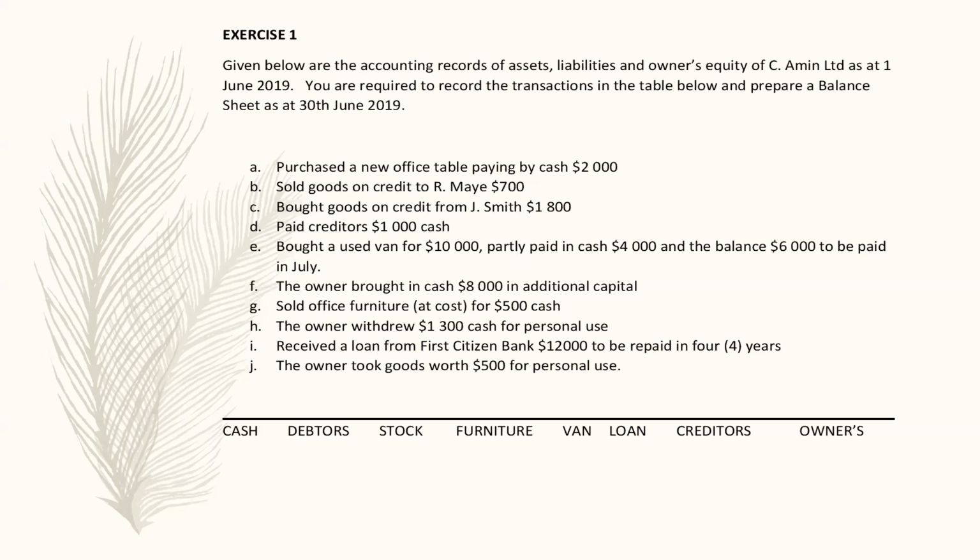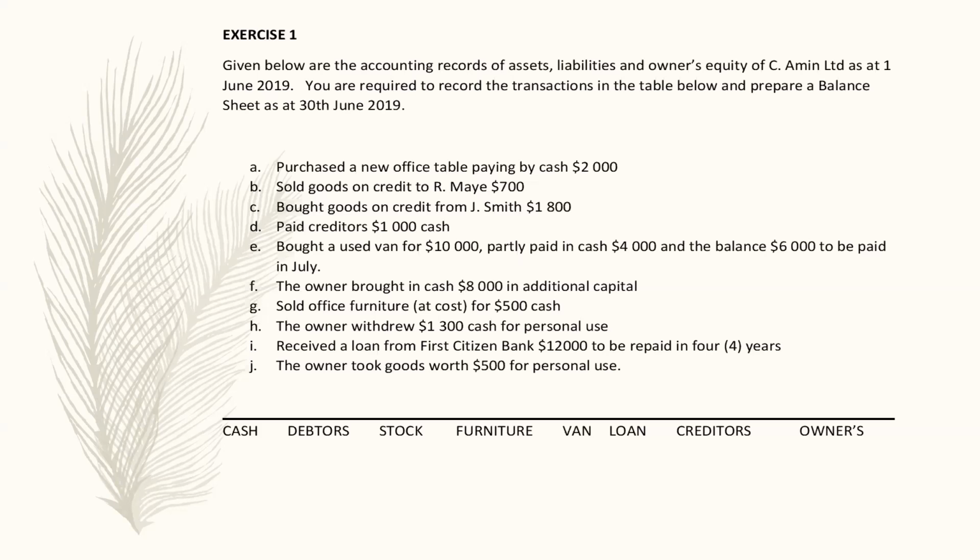And because you paid your creditor, their account is going to be reduced. So under creditors, you're going to put minus $1,000 as well.